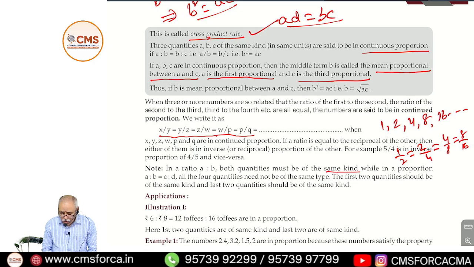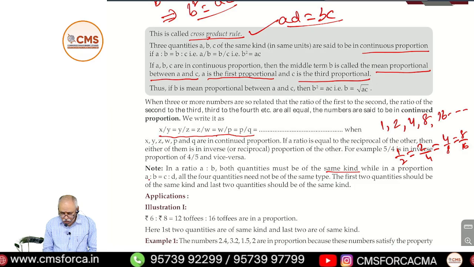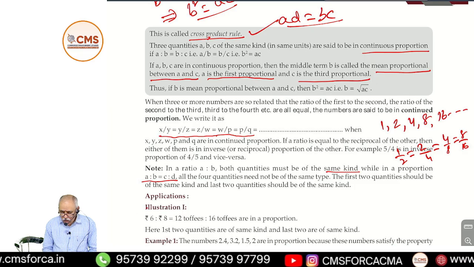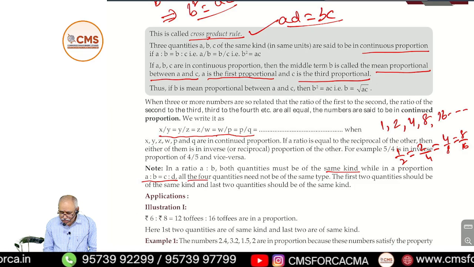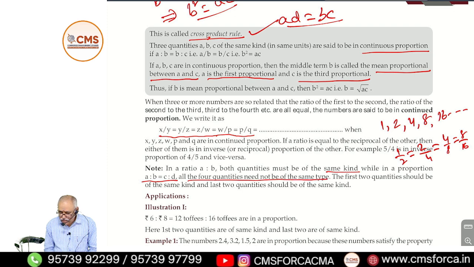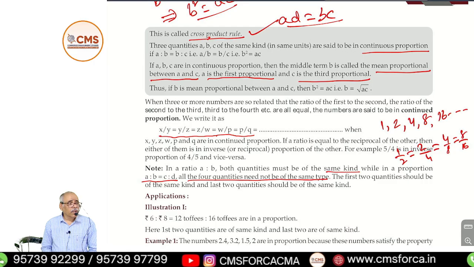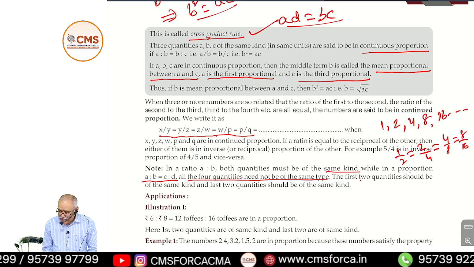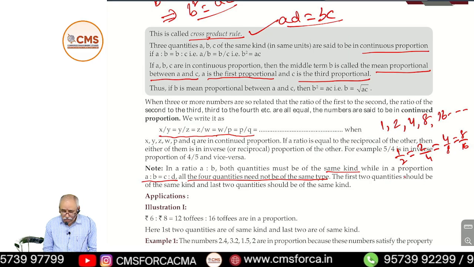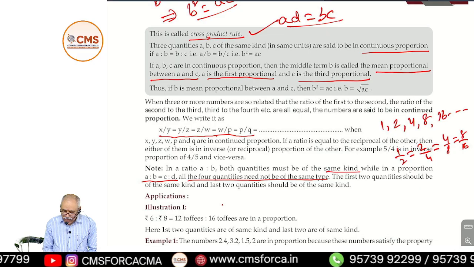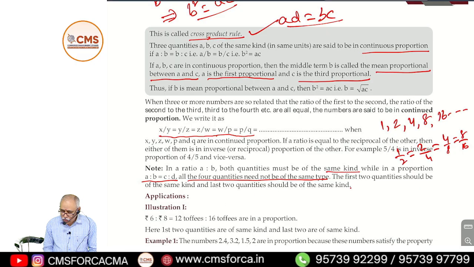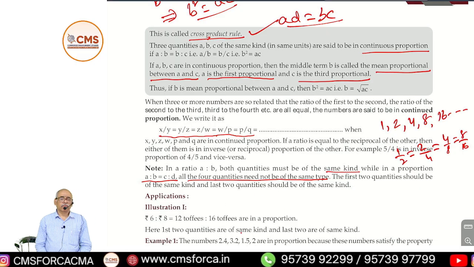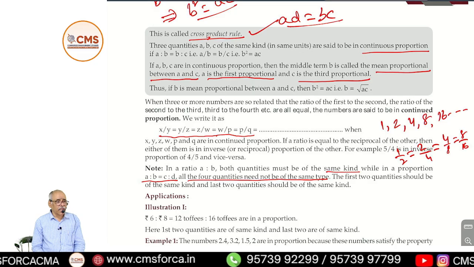While in proportion, A is to B equal to C is to D, all the four quantities need not be of the same type. Why? What is the reason? Because the first two quantities should be of the same kind and the last two quantities should be of the same kind, they said. Why? What is the reason here?